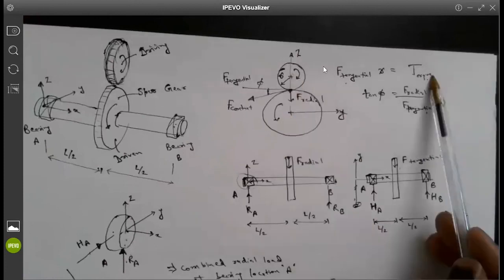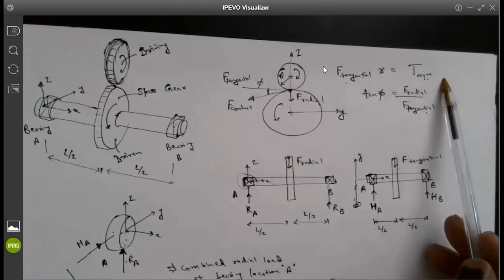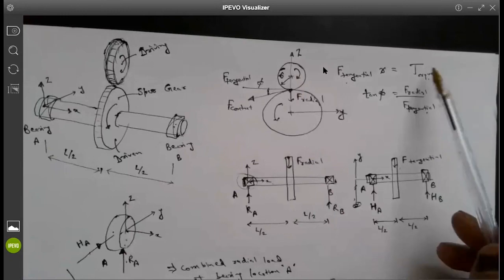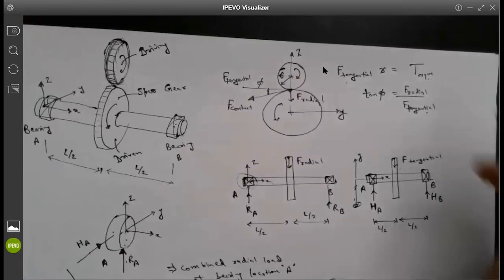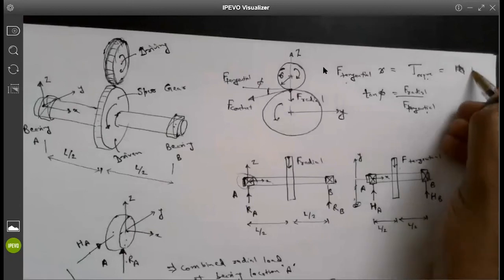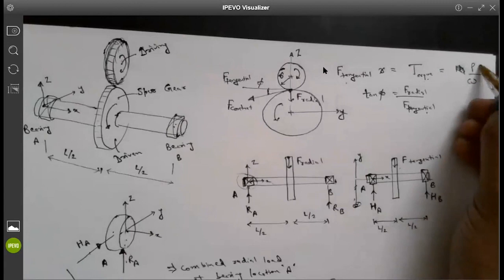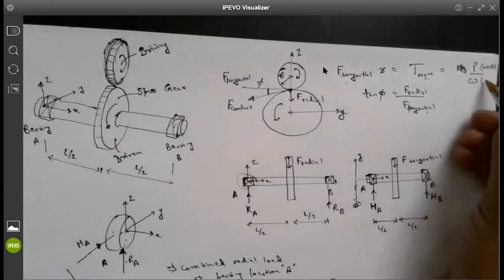So for example, you want the torque to be transmitted as 100 kilonewton meters, or even this torque is derived from the desired power to be transmitted. The power P is the torque times omega, the angular velocity. This is in watts, this is in RPM or radian per second.